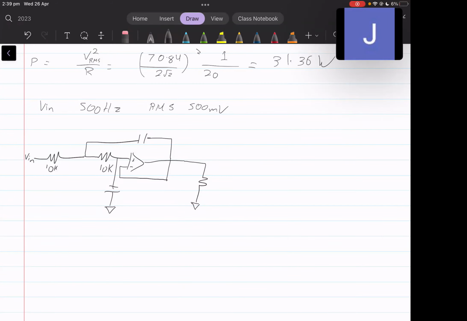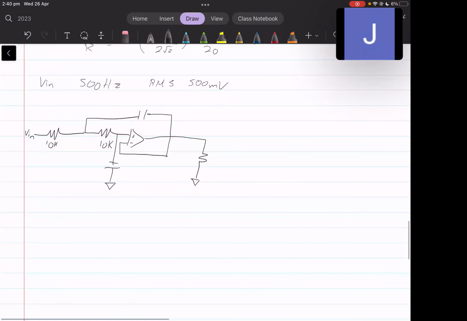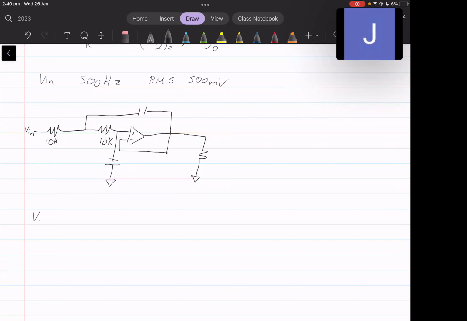And it wants us to write it in time and phasor form. So does anyone know how to find the amplitude of this from RMS? Yeah. So it's always just times √2 for that. So V in is √2 by 0.5.